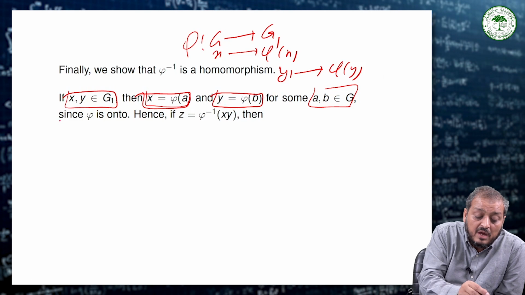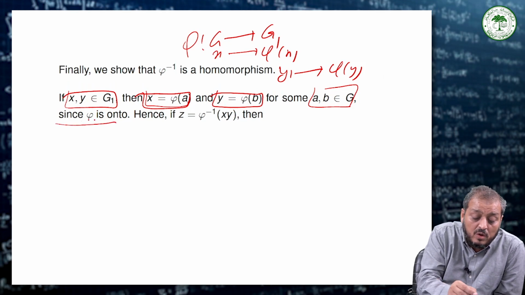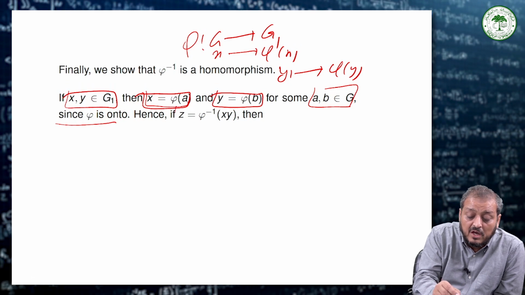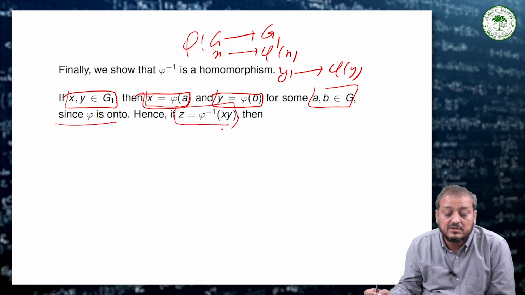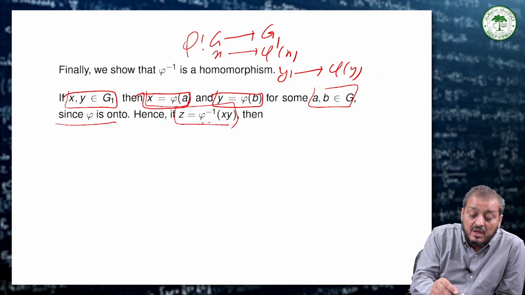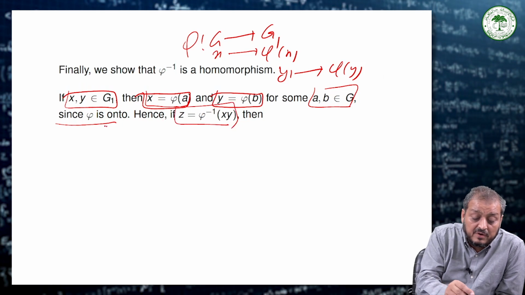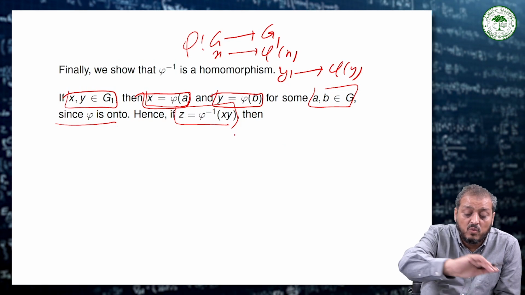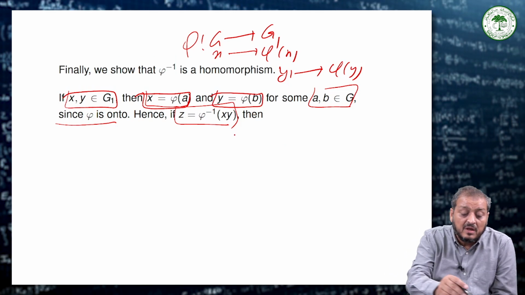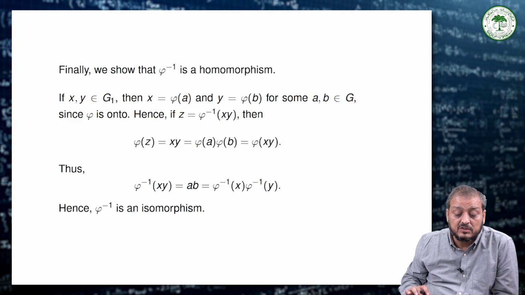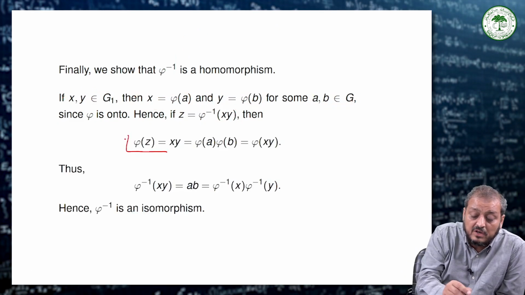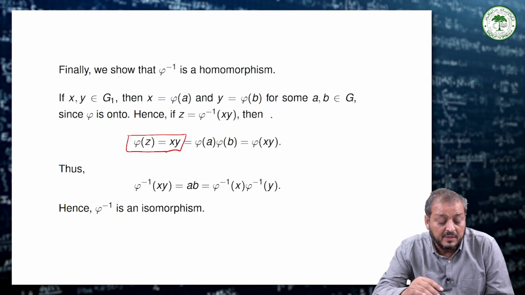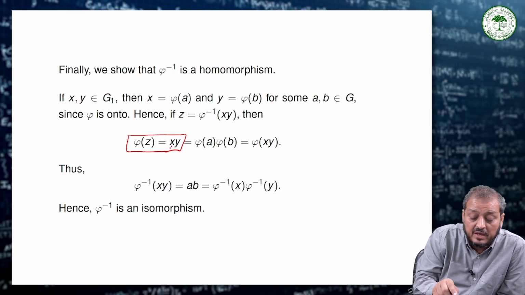Since phi is onto, if z is equal to phi inverse of xy, then there exists some z such that phi of z is equal to xy.